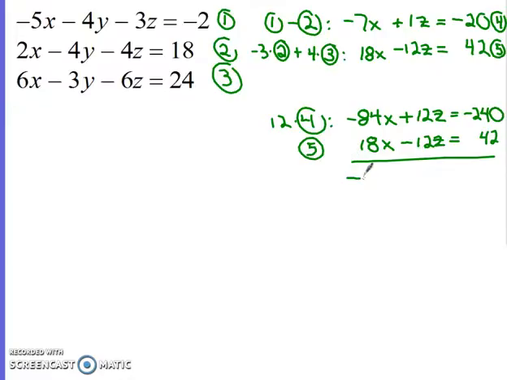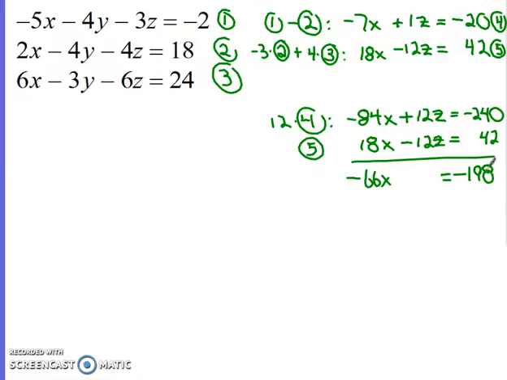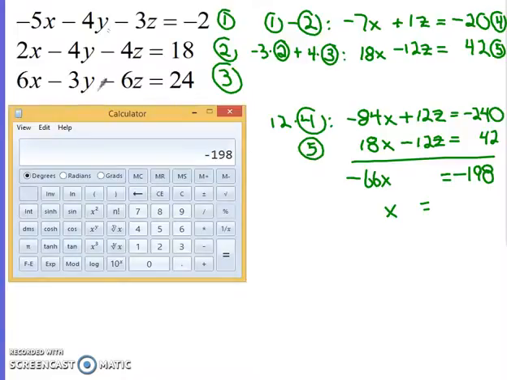Okay. Negative 66x. The z's are going to cancel out, and then negative 240 plus 42, negative 198. Okay. And I sure hope that 198 is divisible by 66. Okay. Let's see. Good. X equals 3.